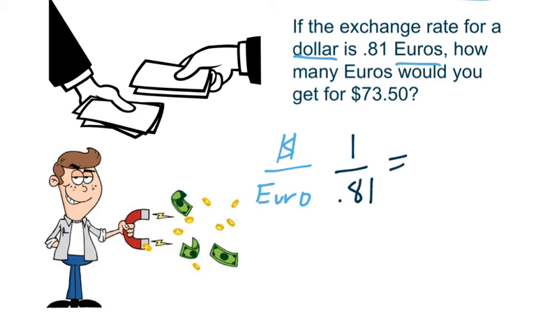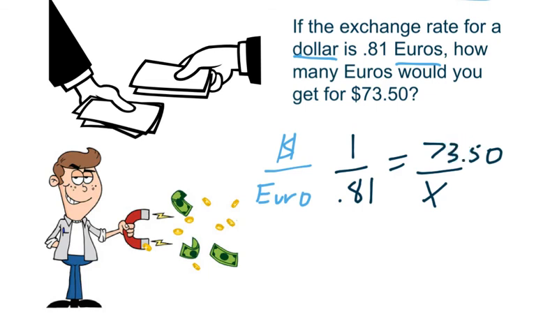And that's going to equal, it says how many euros, that means euros is my x, would be $73.50. That goes on the top. So notice the location is very important. How many euros tells me euros is my x. And I just filled in $73.50 for the dollars on the top.